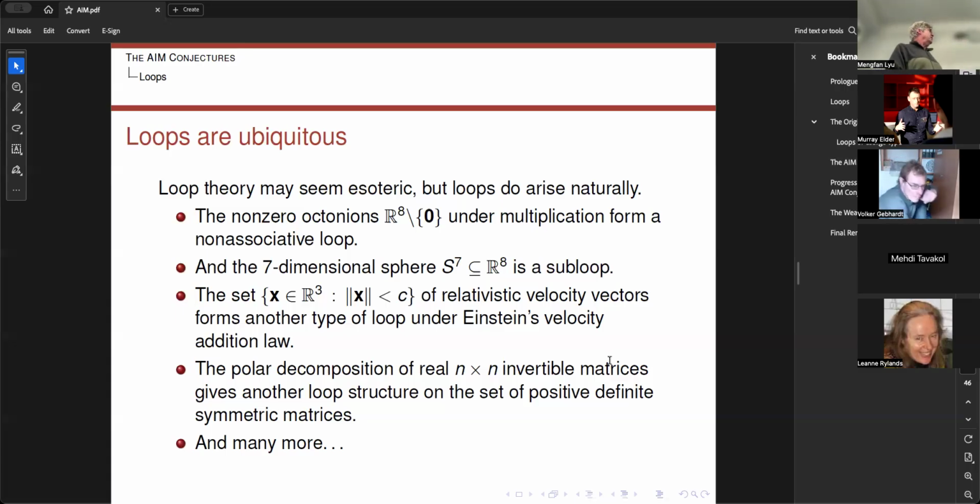Then that's actually another type of loop. If you take the polar decomposition of real invertible matrices, that gives you yet another one on sets of positive definite symmetric matrices. And there are many other such examples. So loops actually do arise in various parts of mathematics for various reasons.